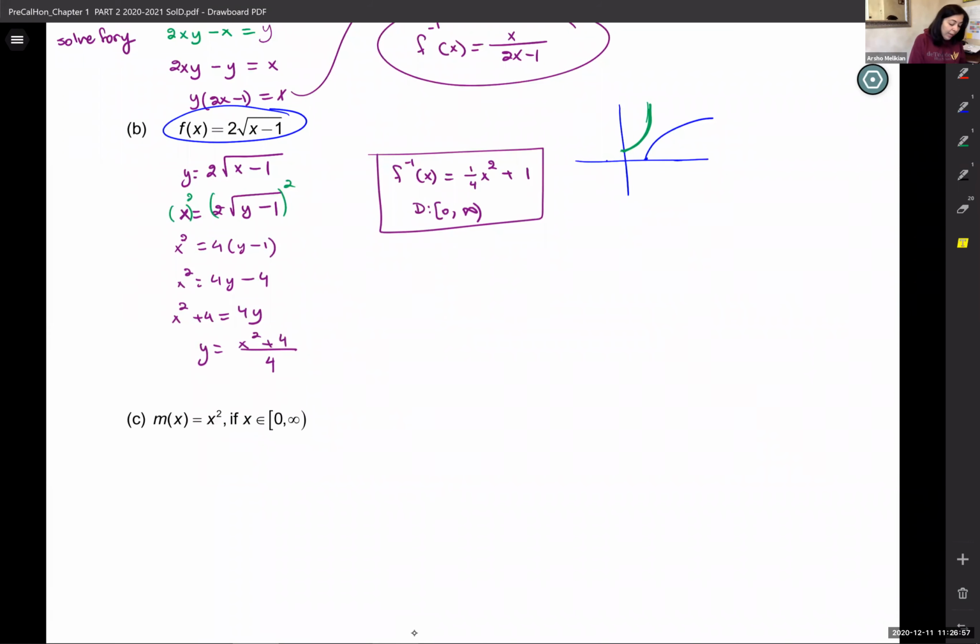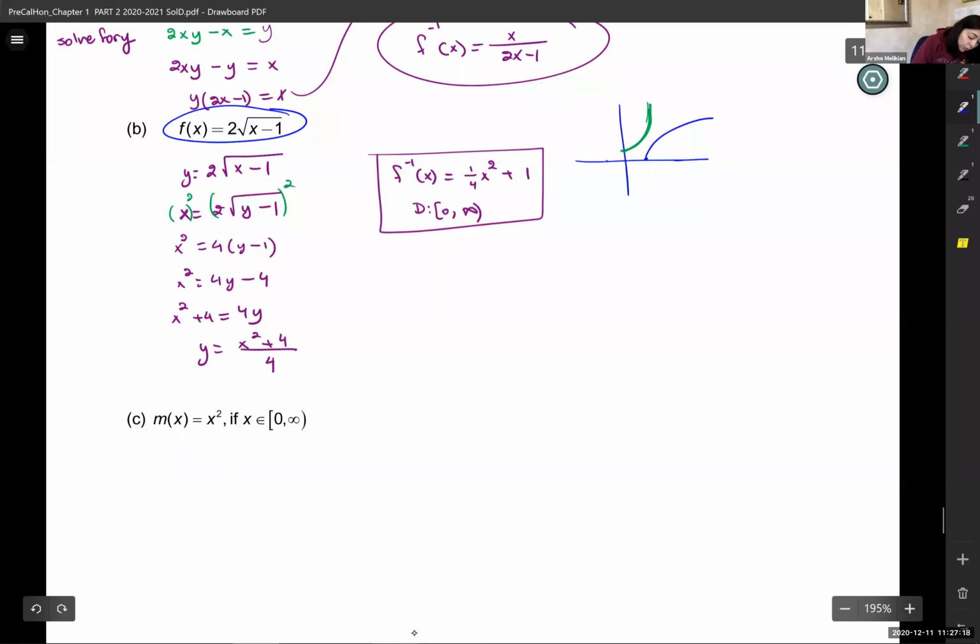What you're given is m of x is equal to x squared. Now, on its own, this would not have an inverse function because it's a parabola and it does not pass the horizontal line test. So we would have said, you know what, no, can't find an inverse function, sorry. However, look at what we're given.